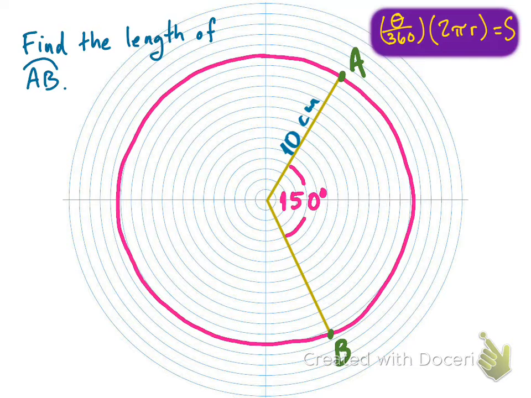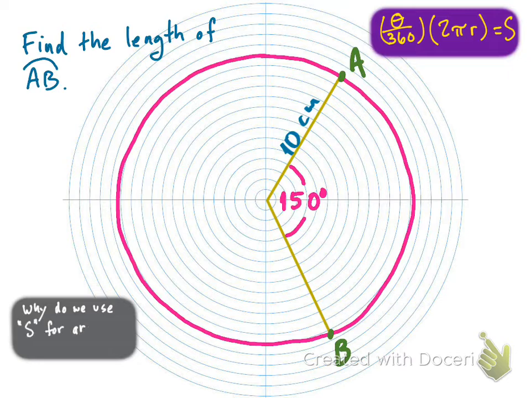So find the length of arc AB, and there's our formula. Theta over 360 times 2 pi r equals S, and I've never really understood why we use the letter S for arc length, but be that as it may, let's figure out the circumference of the whole circle first. 2 pi r, if the radius is 10, gives us 20 pi centimeters for the entire circumference of this circle.